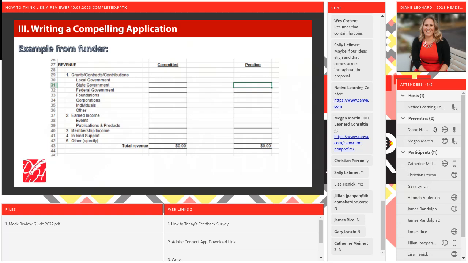But what we are focused on is what is the story that is being told here? Are we asking for the entire amount of our project? Or are we just asking for part? Do we already have half of the funding secured from other sources and you, dear grantmaker, are the final piece? Those are important parts of our story.